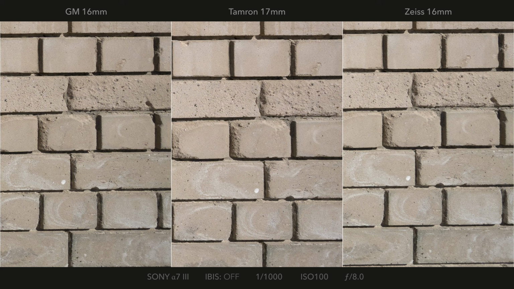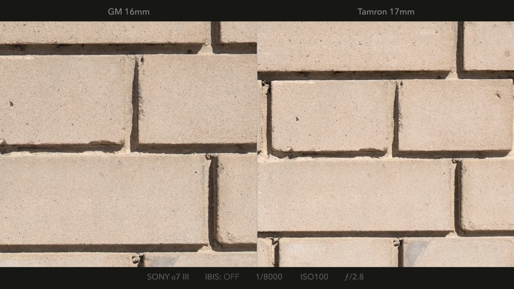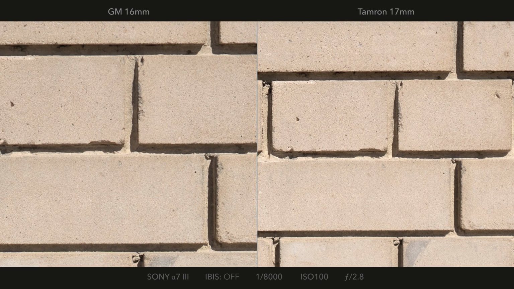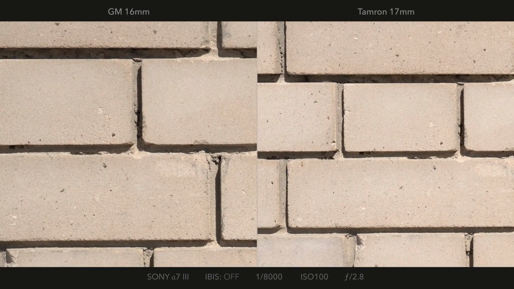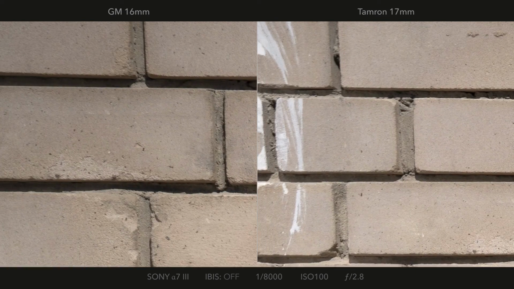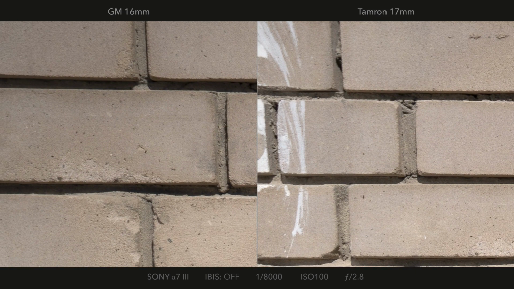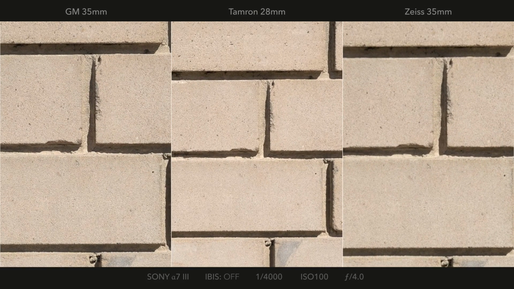I'm really surprised. So when zooming in to 28 and 35mm, at f2.8, Tamron also has better sharpness in the center as well as on the sides, while at the corner, we get similar image quality. At f4, the G Master and Tamron share similar sharpness in the center and sides.